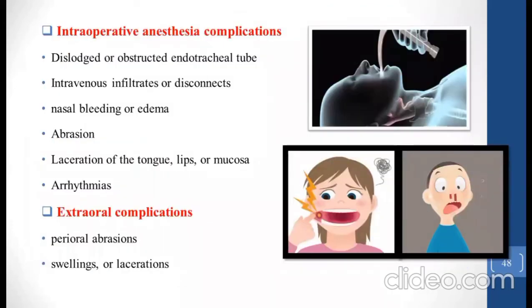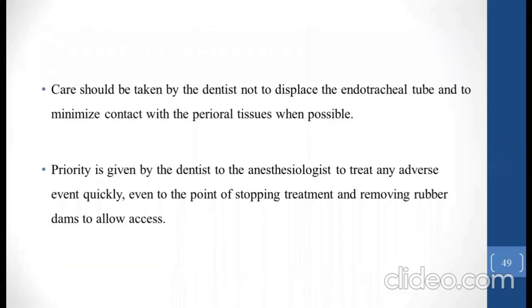So they concluded that SS crown restorations had significantly better results versus other posterior restorations. Now the intraoperative anesthesia complications include dislodged or obstructed endotracheal tube, intravenous infiltrate or disconnects, nasal bleeding or edema, abrasion or laceration of the tongue, lips or mucosa, and arrhythmias. Extraoral complications include any perioral abrasions, swelling, and laceration.